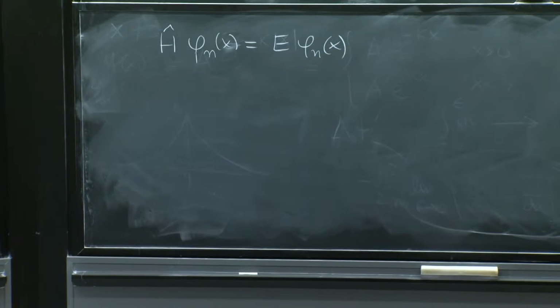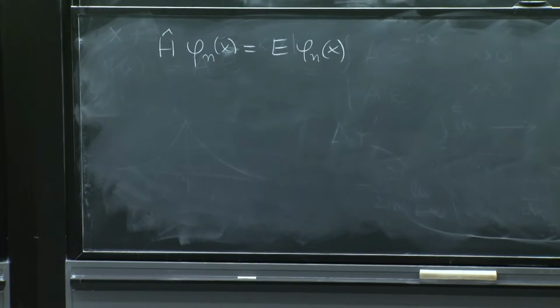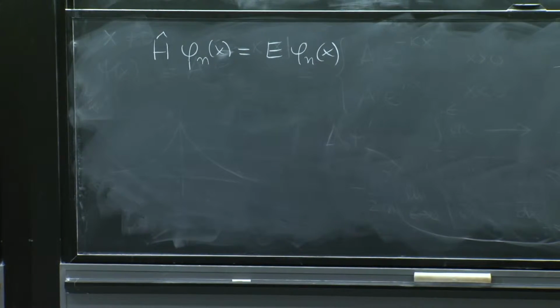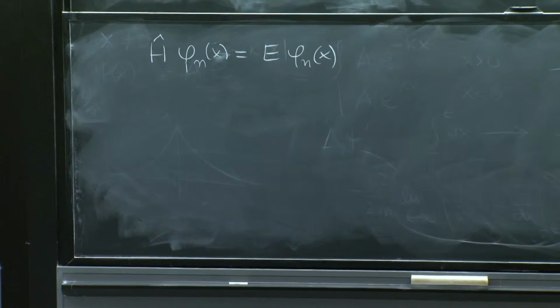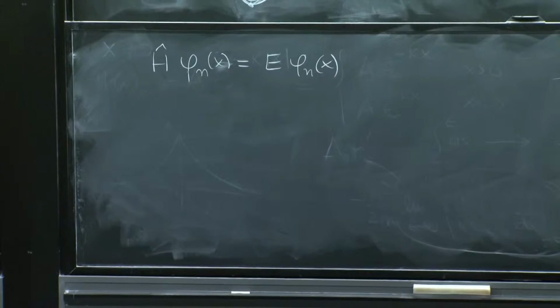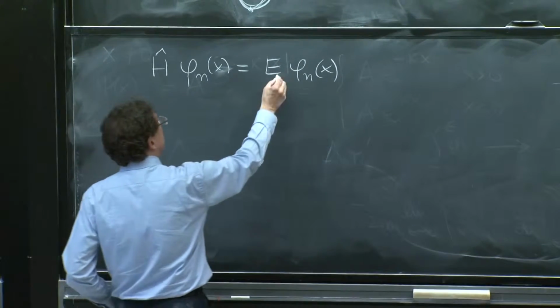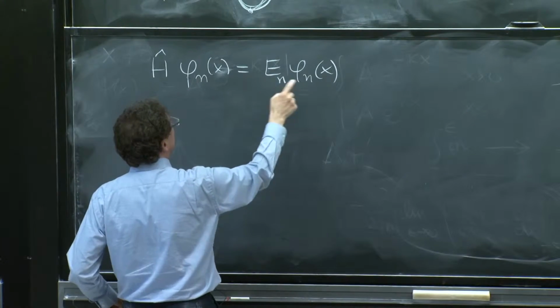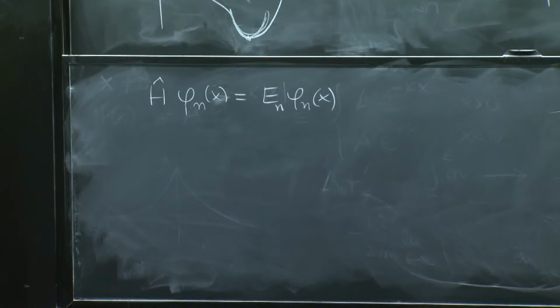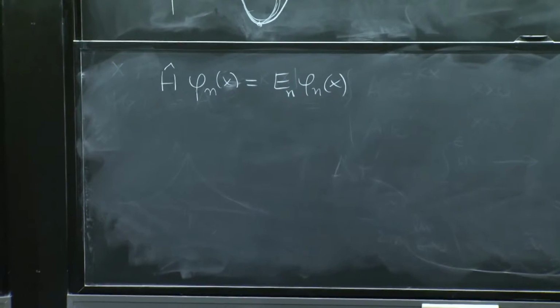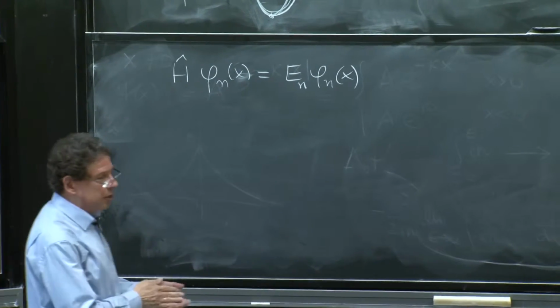Before we used psi n's, but I will write them as phi n's, as many people do, because they are the harmonic oscillator ones. They're very famous. And this E n could be the energy of the nth state. We don't know what the energies are, and we don't know how the wave functions look. And we have to solve a differential equation.